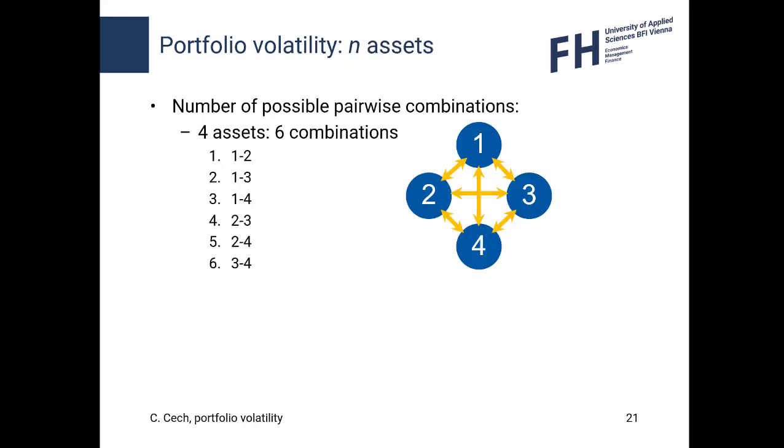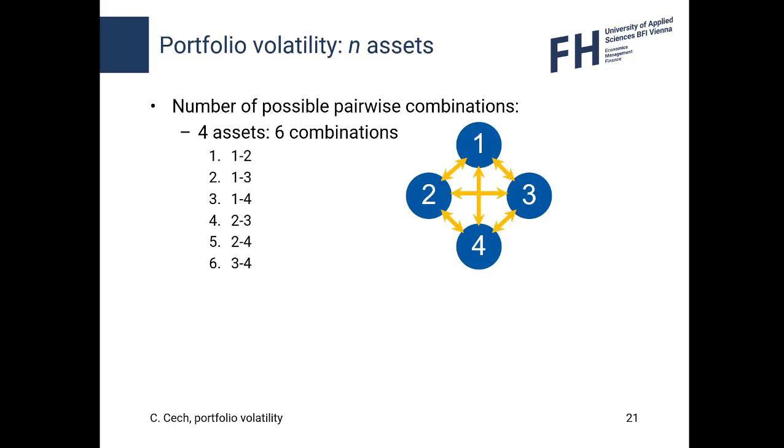Consider now the case where we have 4 rather than 3 assets. We can still simply follow the algorithm. You remember step 1a, step 1b, and then step 2. The only somewhat difficult task is to find out the possible combinations.